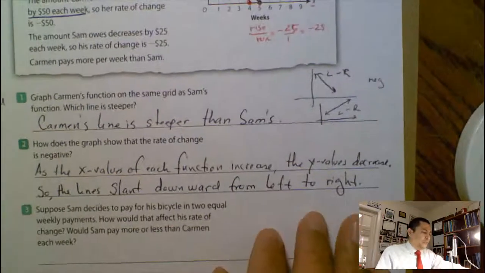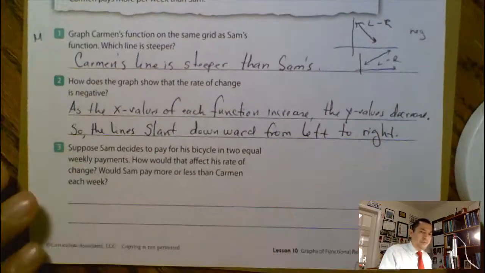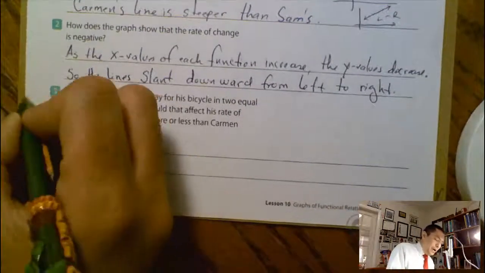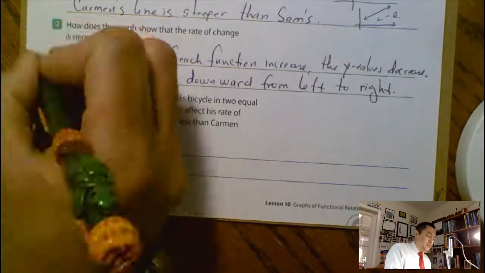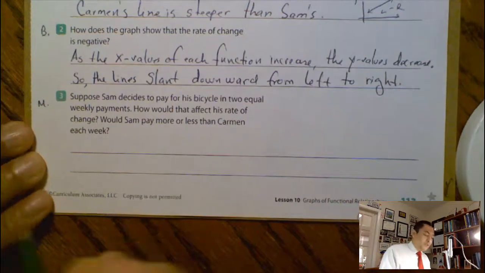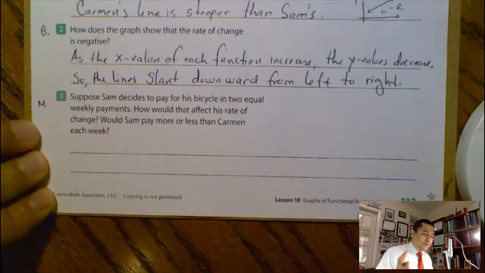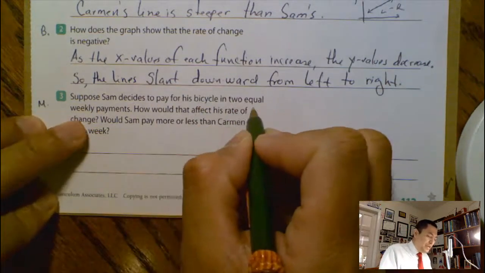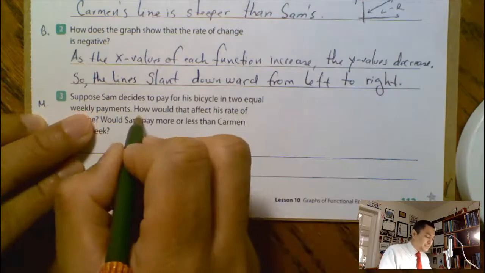So let's do number 3. I have one more. It's another medium level problem. Number 2 was a basic problem. Number 3 is a medium. Suppose that Sam decides to pay for his bicycle in 2 equal weekly payments.